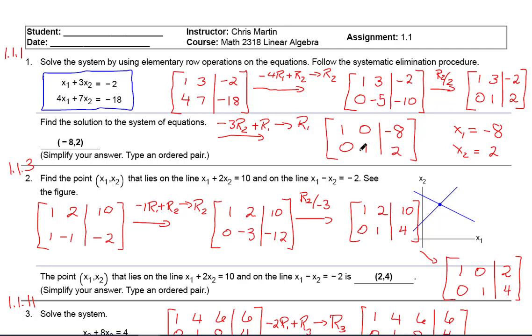In this case, what I have is 0 times x1 plus 1 times x2 is 2, which simply says that the answer for x2 is 2. And then the first one, 1x1 plus 0x2 is minus 8. So I get my solution is minus 8 and 2.